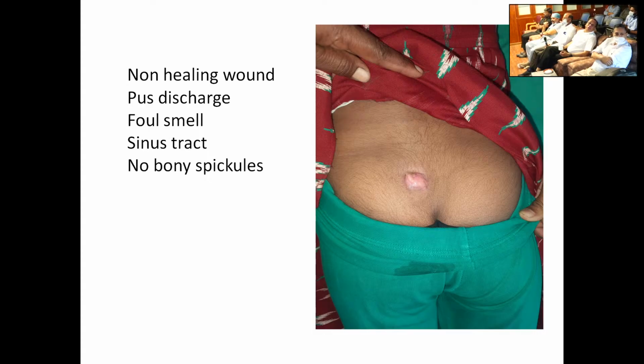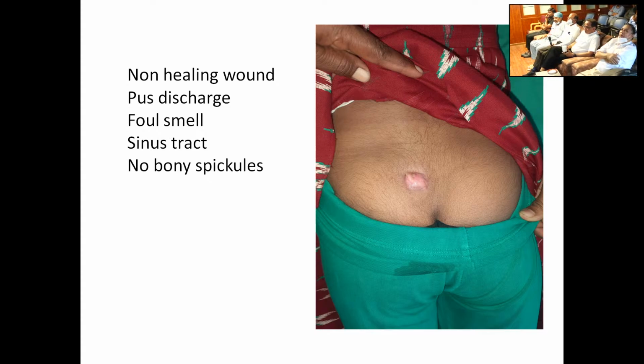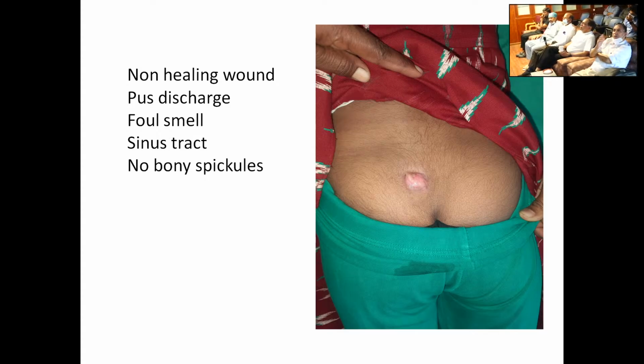How do you test like that? Compression test. Distraction is more reliable than compression. Then FABER. Active SLR, it is normal. And you have to do the FABER-Patrick test: first flexion of the hip, next abduction, external rotation.